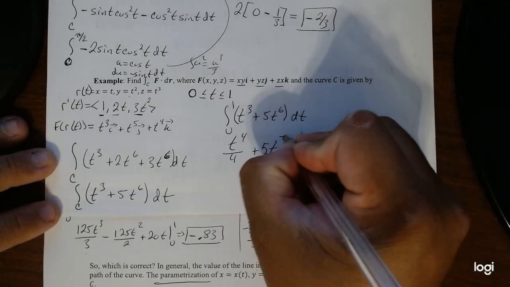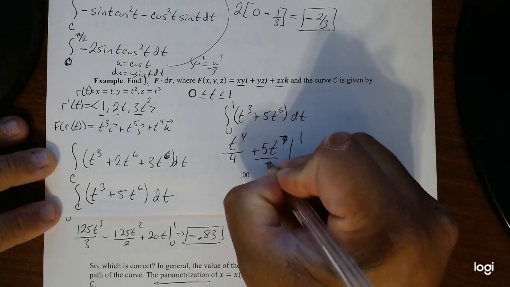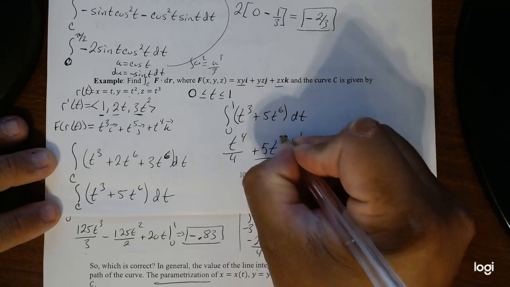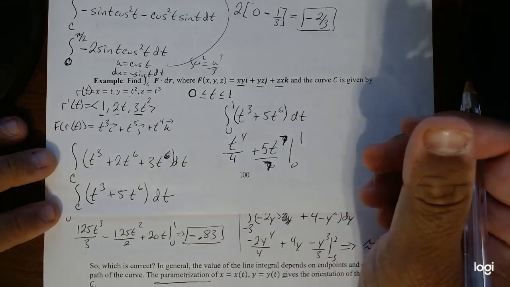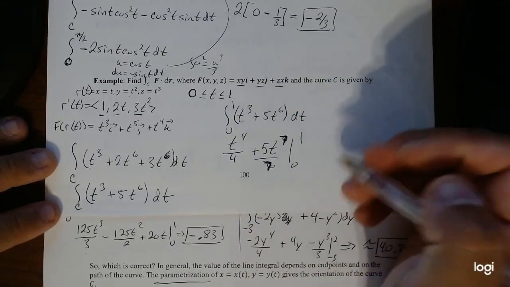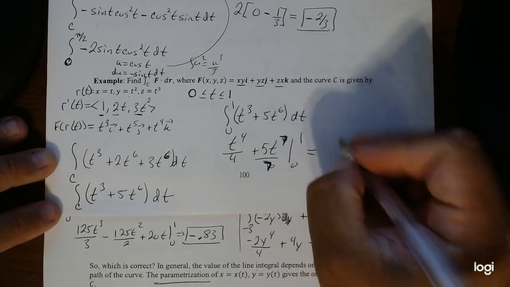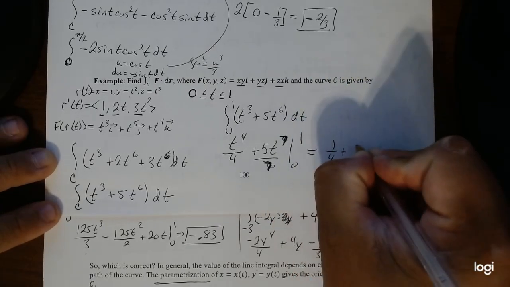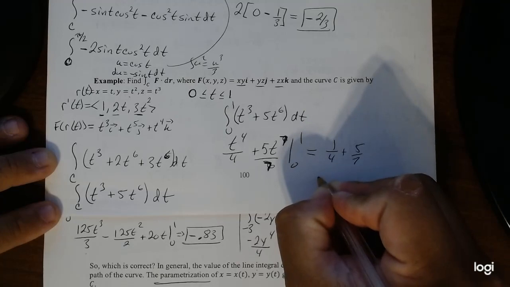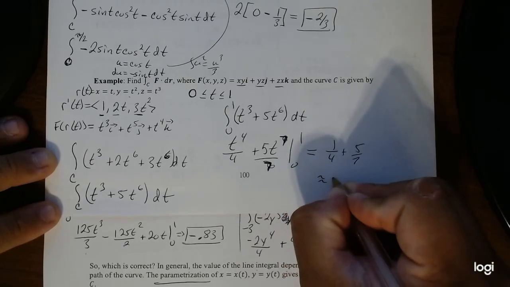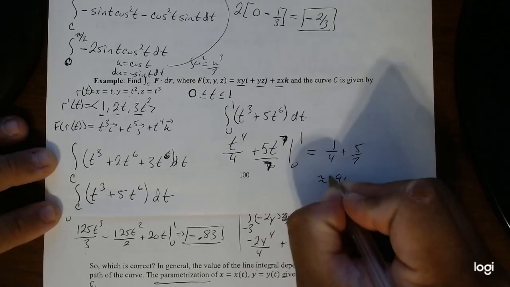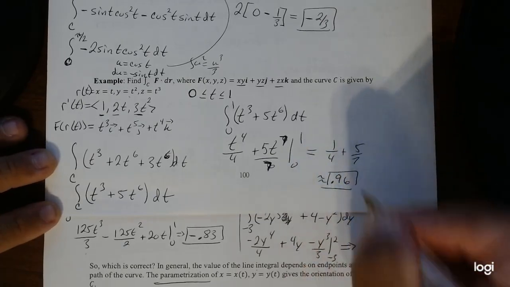Oh, the integration's off. There we go. All right, 0 goes away. So we just plug in 1, so it'll just be 1/4 plus 5/7, and I get about 0.96. There we go.